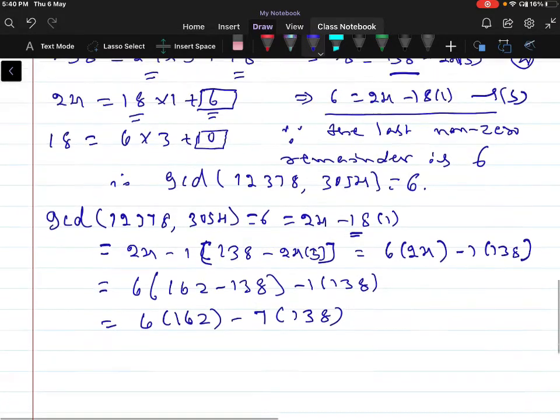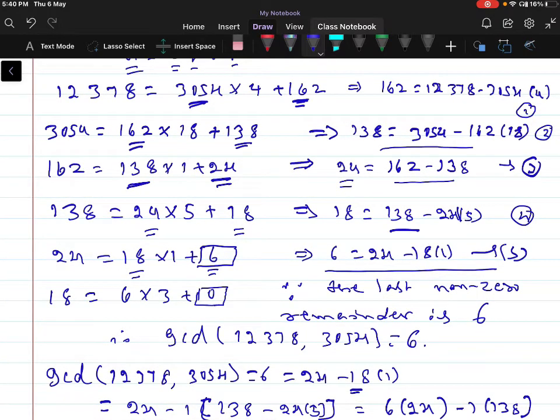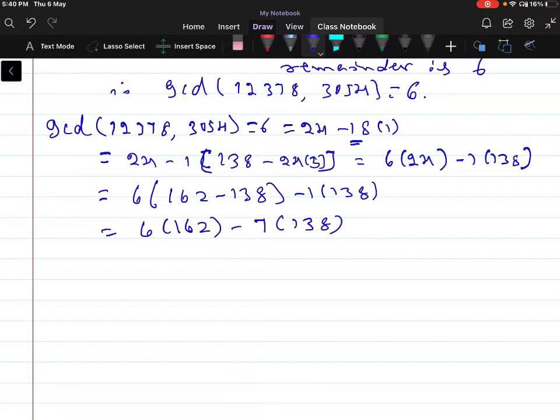Now 138 can be written by using equation 2, that is 3054 minus 18 times 162. So this is equal to 6 into 162 minus 7 into 138, which can be written as 6 times 162 minus 7 times (3054 minus 162 into 18).